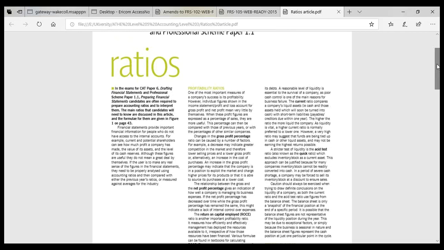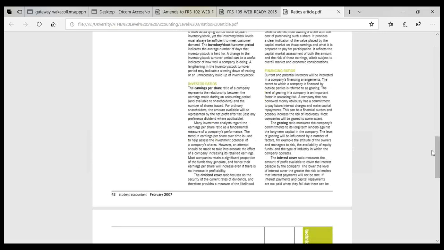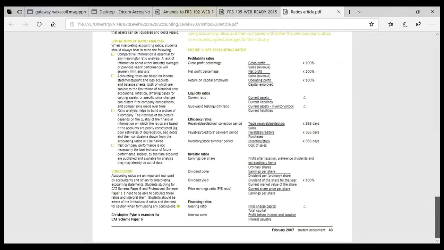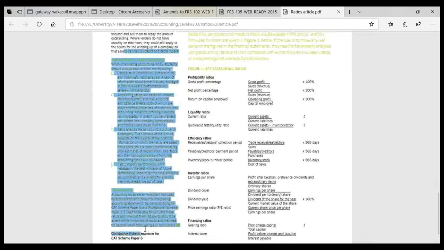Profitability ratios: one of the most important measures of company success is its profitability. It explains the interpretation of different ratios, what sort of decisions we can make, and the limitations of the ratios. That will help you address your learning outcome, which I already explained here.